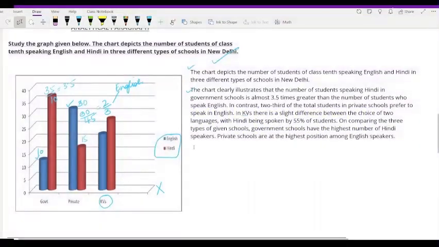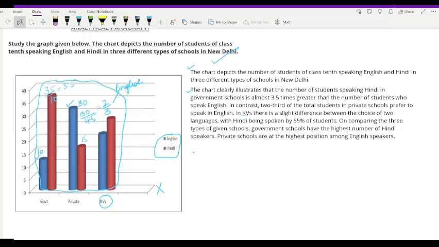So the conclusion is very simple to write. We just have to see what is the trend in all the three sets of information which has been given about the Hindi and the English speaking students. We can clearly see that the students prefer to speak in English in private schools as compared to the government and the KVs.